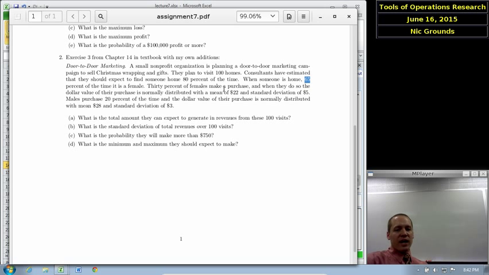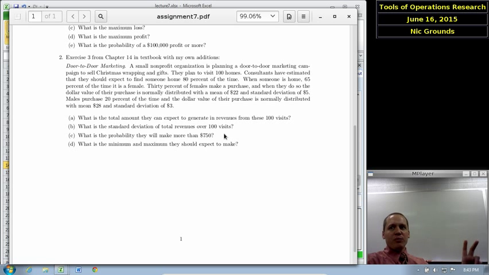So females buy at a certain rate. We're going to assume males buy at a certain rate in terms of whether they buy and how much they spend. So in the end, what you need to do for this problem is create a model that has 100 rows. Let's say 100 experiments, like if you were flipping a coin, there's 100 outcomes, right? So 100 times you're going to compute the probability that somebody's home at house number 1, house number 2, house number 3. 100 houses, okay? Probability somebody's home.